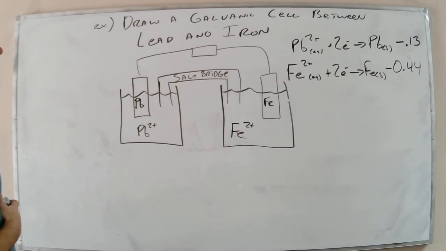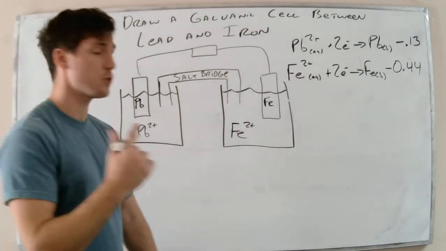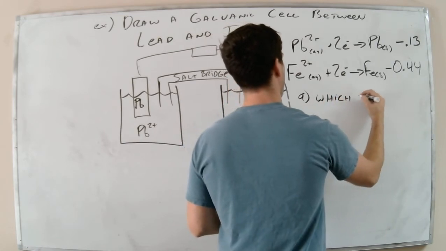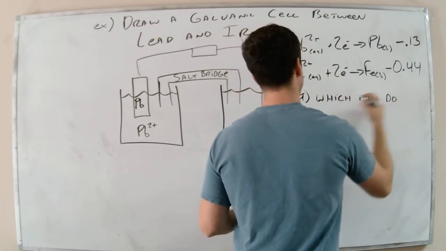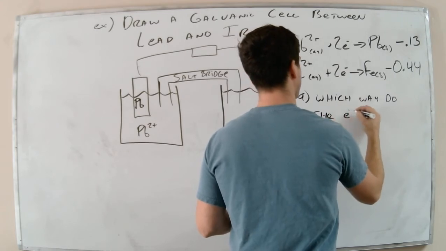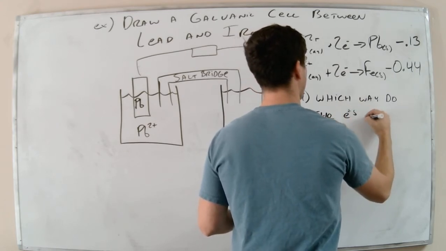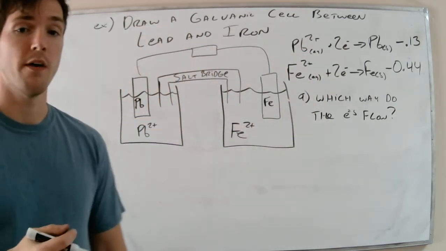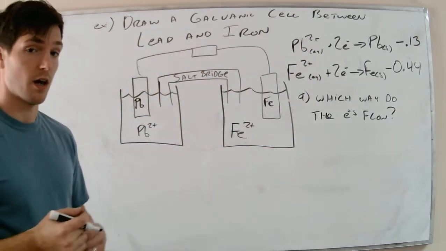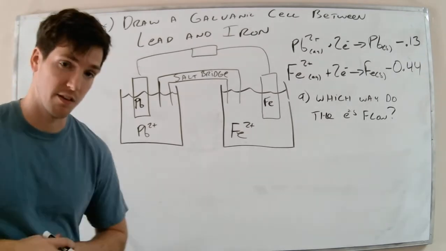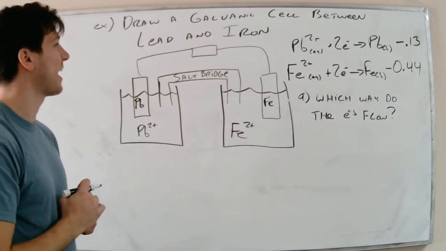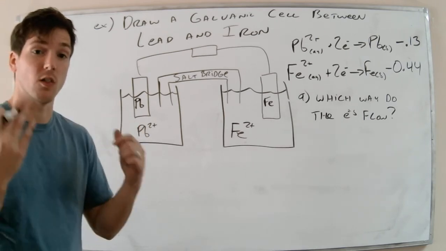So now I'm looking at this, and I might ask you, which way do the electrons flow? Well, remember, they will go toward the most positive E naught. So which one has the more positive or the larger E naught?